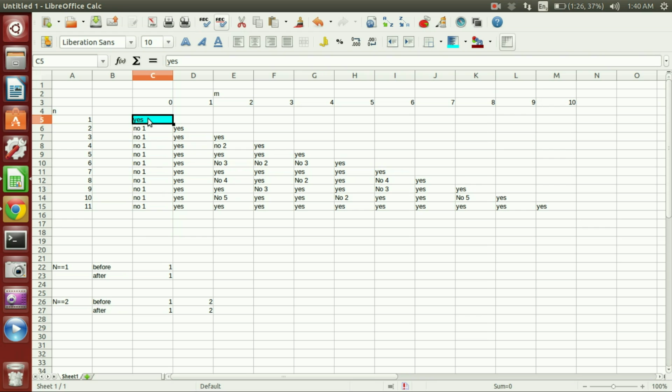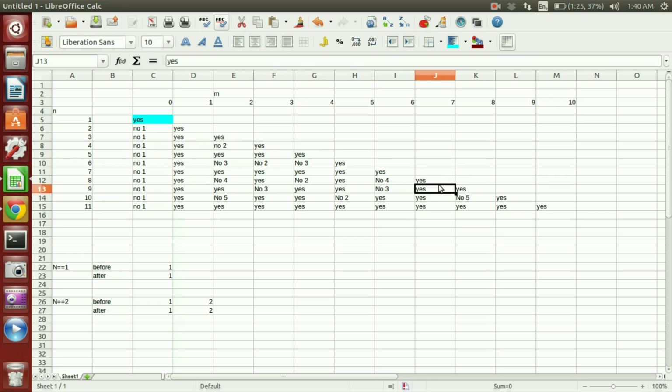After calculating these values, let's consider m equal to 1. For m equal to 1 and m equal to n minus 1, which is these diagonal elements, the answer will always be yes.